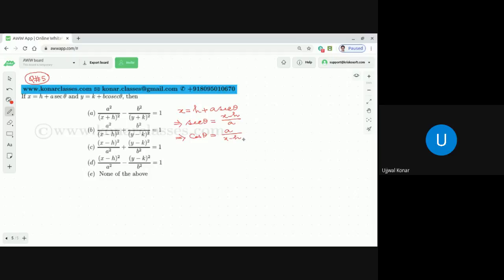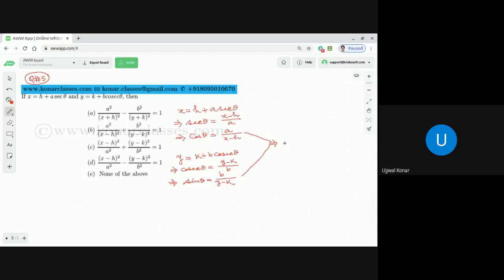Correct, now, dear students? And whenever it is given that y is equal to k plus b cosec theta, that implies cosec theta is equal to y minus k by b, and the reciprocal of cosec theta is sin theta. So sin theta is equal to b by y minus k. Now let's apply this concept from here.